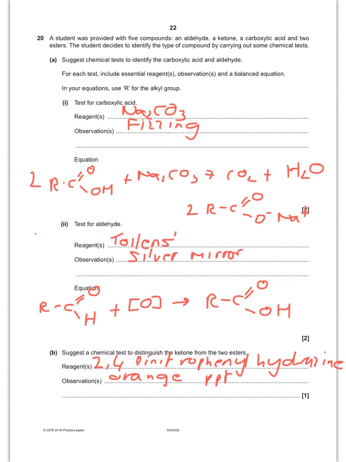Test for an aldehyde, of course, is Tollens reagent, and I will see a silver mirror. Again, you can use square bracket O for Tollens reagent, not worrying about the silver being reduced from silver plus to silver metal. And then finally, a chemical test for a ketone from the 2 esters: 2,4-dinitrophenylhydrazine would do the job, and I would see an orange precipitate.